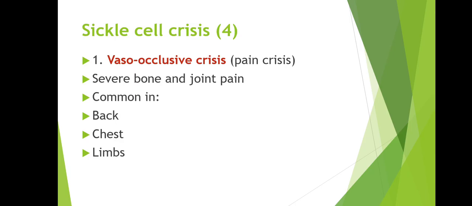The first sickle cell crisis, we have about 4. The first sickle cell crisis is the vaso-occlusive crisis. What happens? These sickle-shaped red blood cells have become sticky, stiff and rigid.